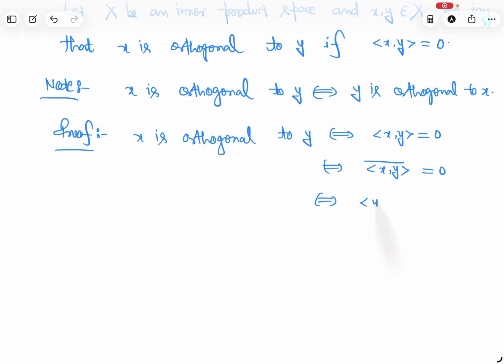That means y inner product with x is 0. That means y is orthogonal to x. Okay.